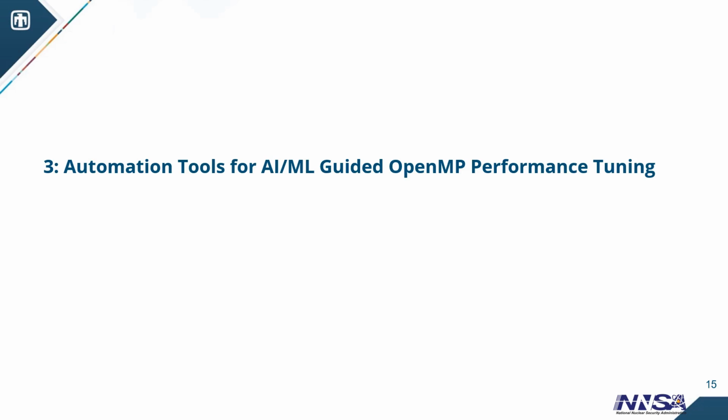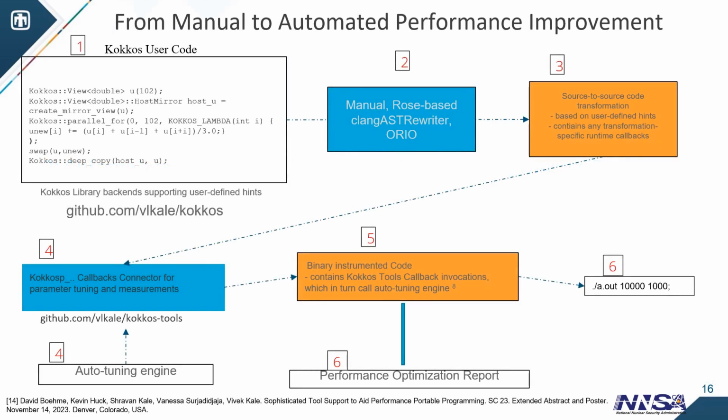Now, I'd like to go into a little bit on how I'm looking at providing a way to exhaustively search for the best performing strategy from the different generated and tuned strategies, all done in the context of the newly proposed OpenMP features I just mentioned. To do so, let me talk a little bit about work I've done within Kokkos Tools for OpenMP performance tuning.